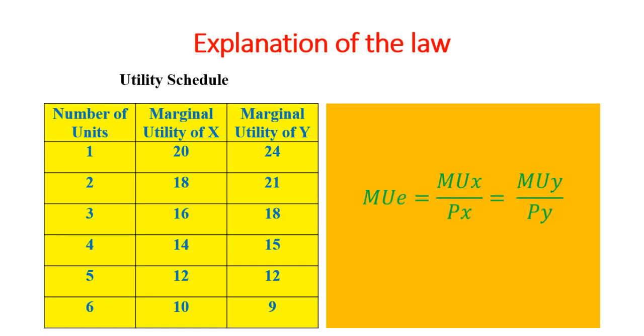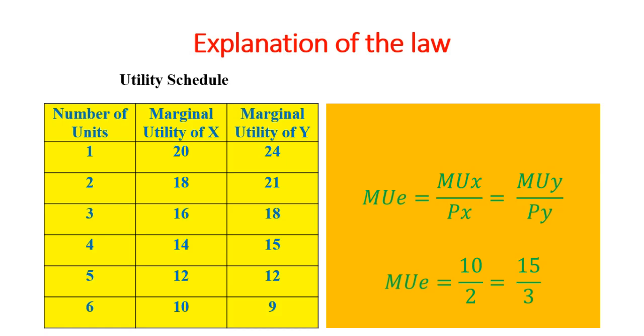Here we have calculated by the formula the marginal utility of money spent on X commodity and Y commodity. He will buy 6 quantities of X commodity, and the marginal utility of the 6th quantity is 10. Therefore, 10 divided by 2 rupees price is equal to 5 units of utility.